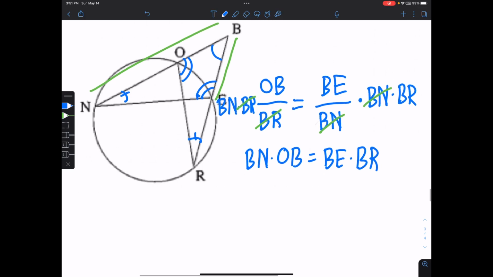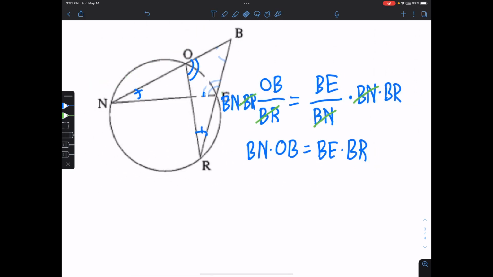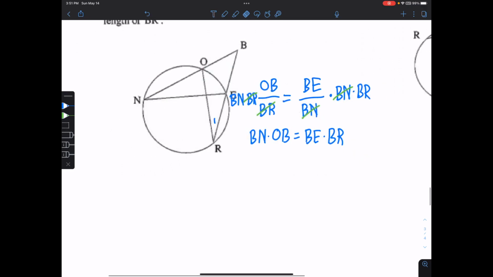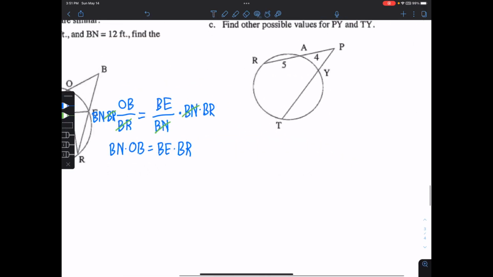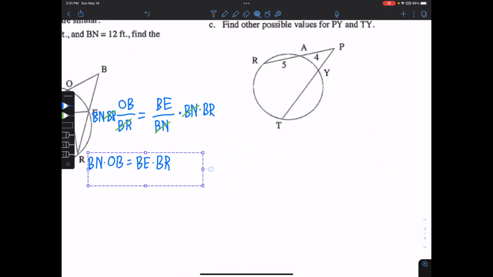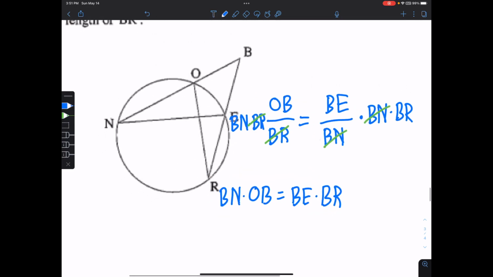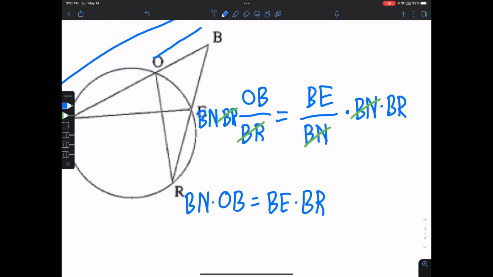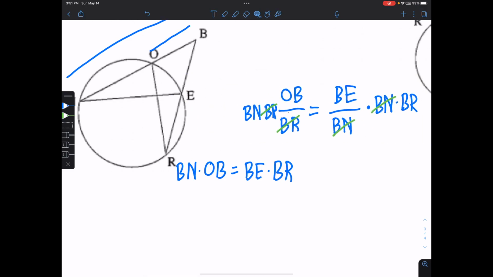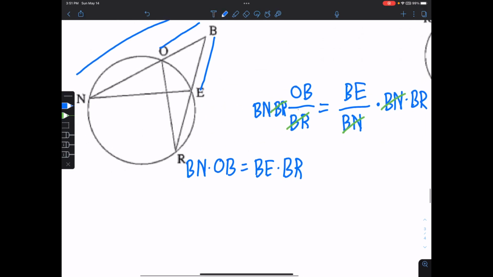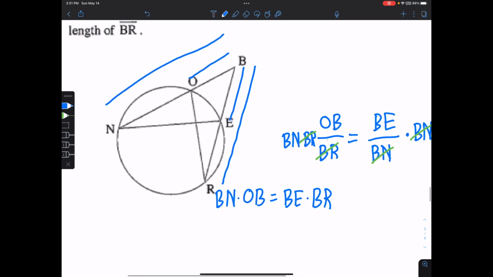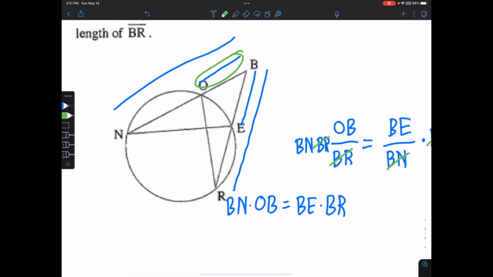Now, right now, this might just look like a lot of letters, but let's actually look at it in this problem. First of all, we need to know what we're looking at. So BN is this entire length, while OB is just this small length. And then BE is this small length, and BR is this entire length, right? And so we're looking at this times this entire thing is equal to this small thing times this entire thing.